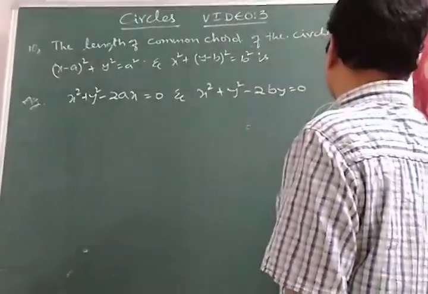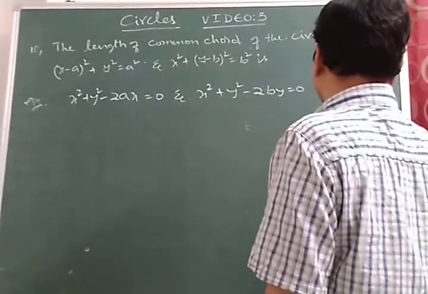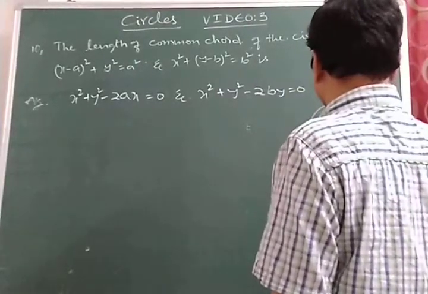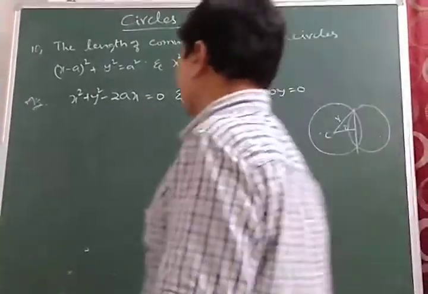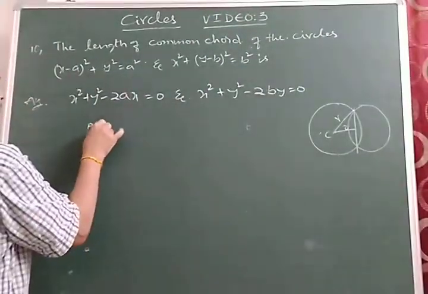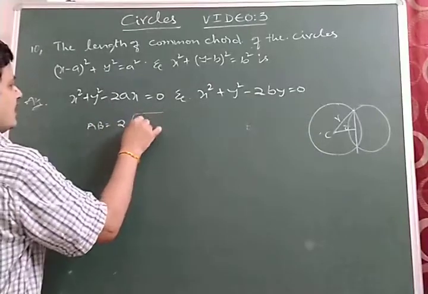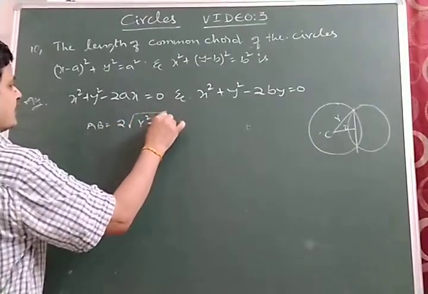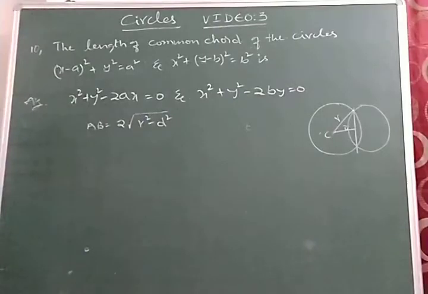The length of the common chord formula: this is C or D. The length of the common chord AB is equal to 2 into root of R square minus D square. That is the length of the common chord.